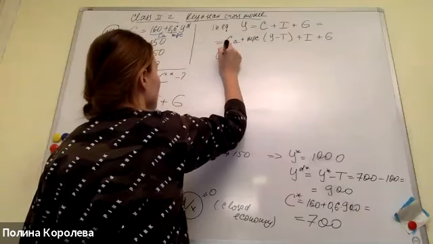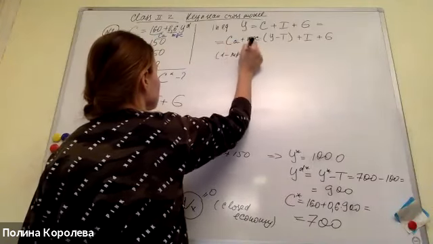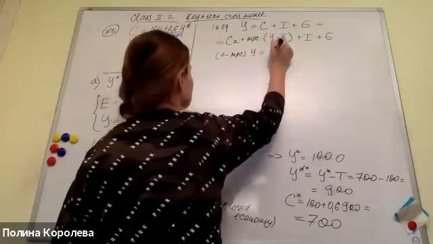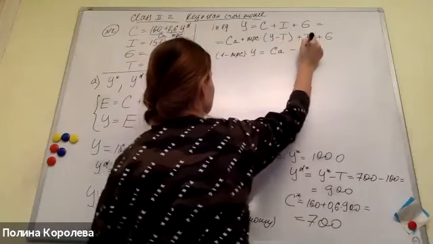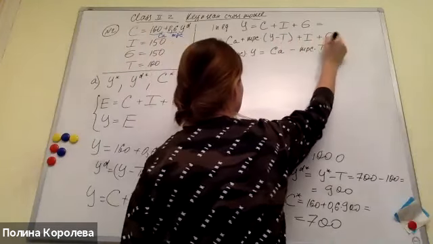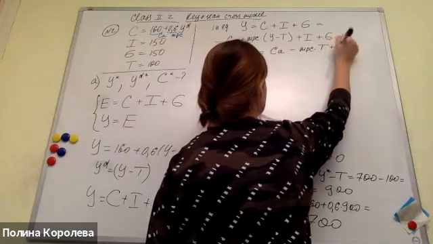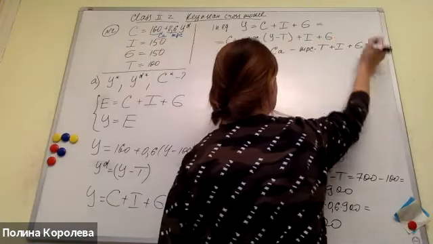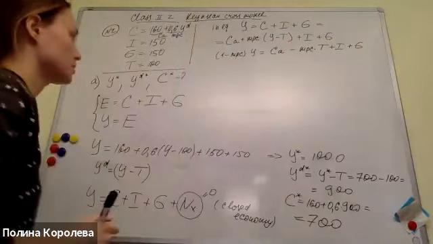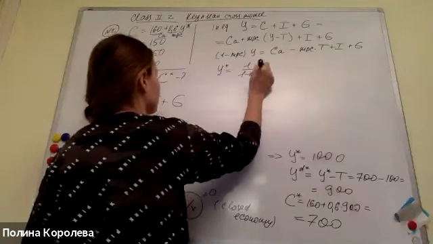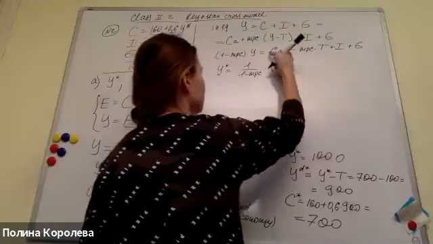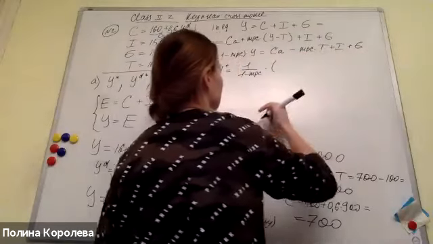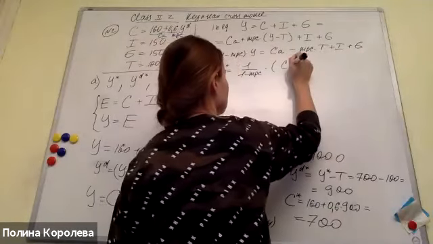So 1 minus marginal propensity to consume multiplied by GDP equals autonomous consumption minus marginal propensity to consume multiplied by taxes plus investments constant plus government spendings constant. So from here, equilibrium GDP will be equal to 1 over 1 minus marginal propensity to consume multiplied by everything autonomous. So here, autonomous consumption.